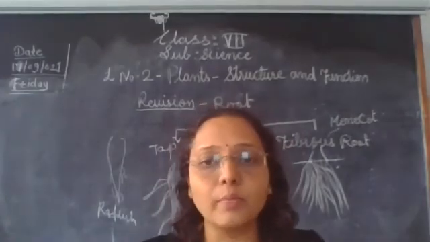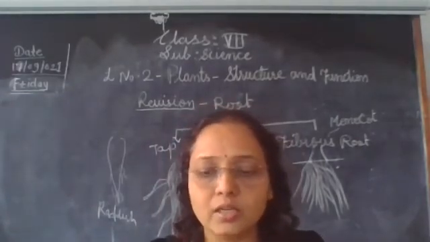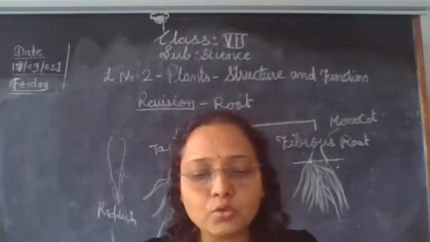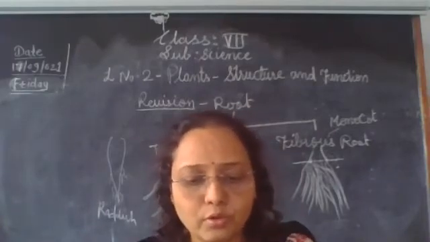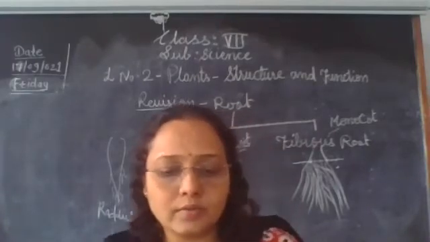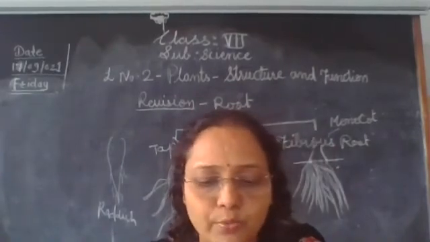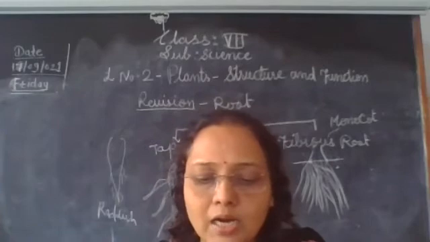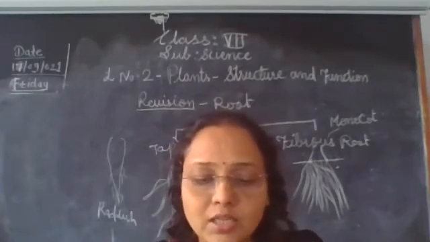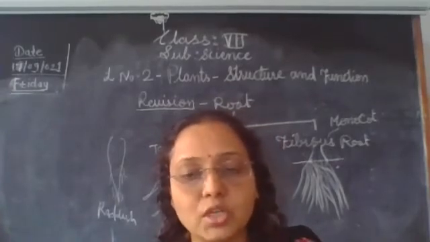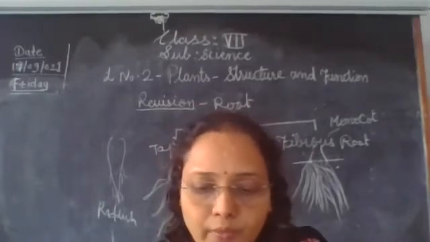Next, plants like maize, sugarcane, sorghum have two types of root. Some roots are underground, whereas some roots grow from the stem just above the soil.